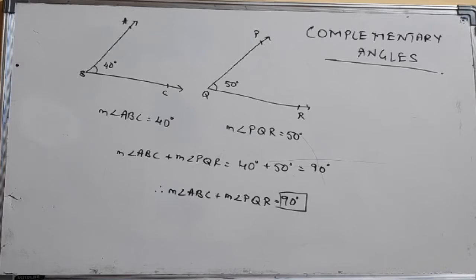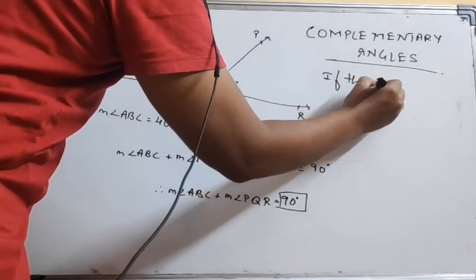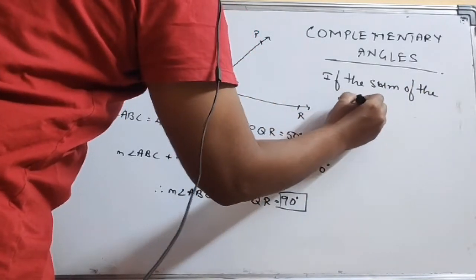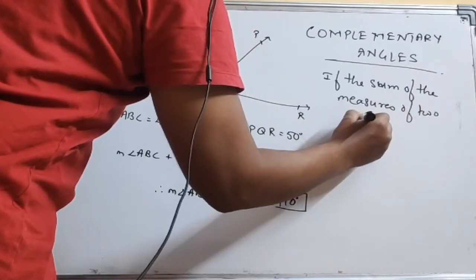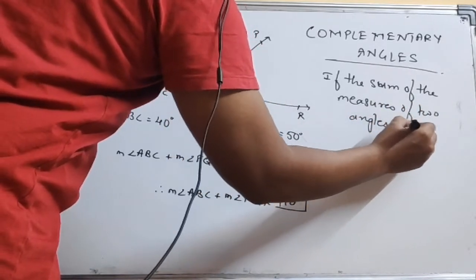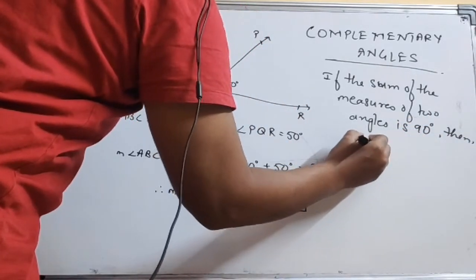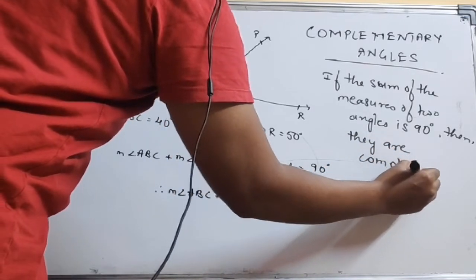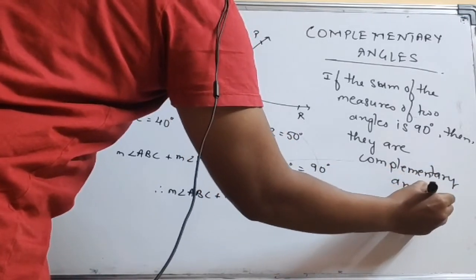Okay, I'm going to write a definition for you. Complementary angles: if the sum of the measures of two angles is 90 degrees, then they are complementary angles.